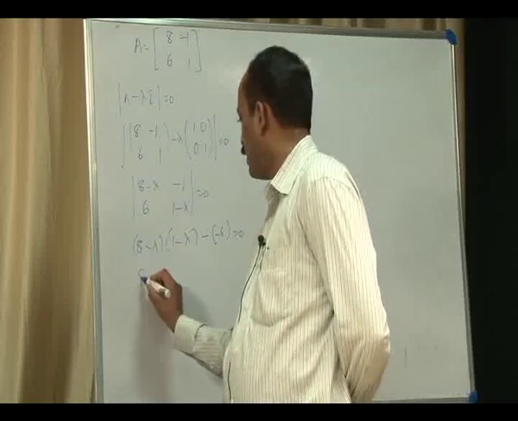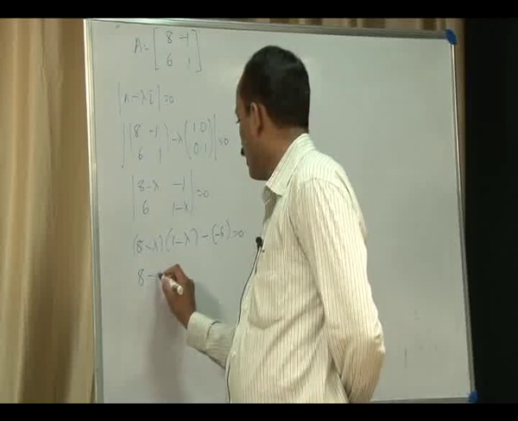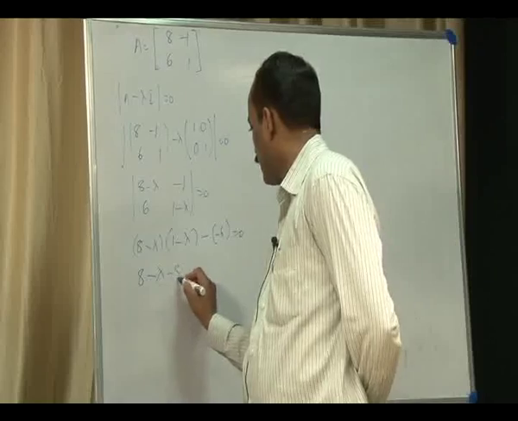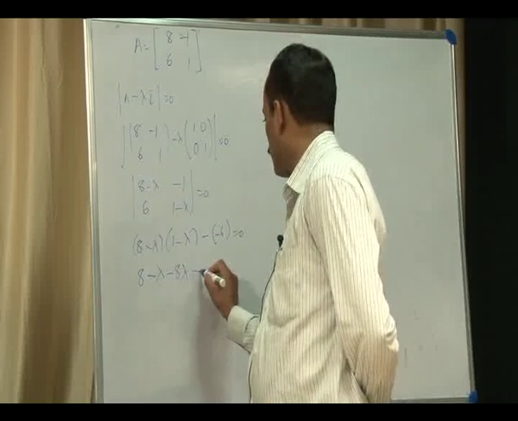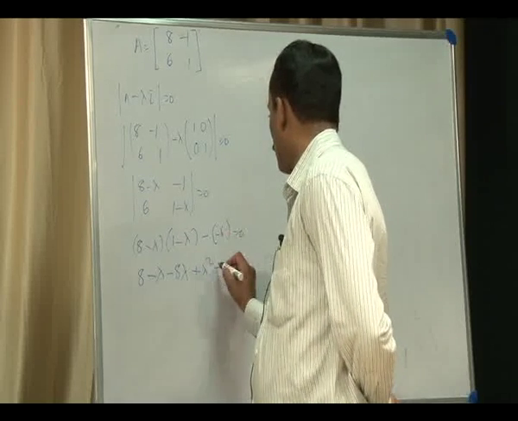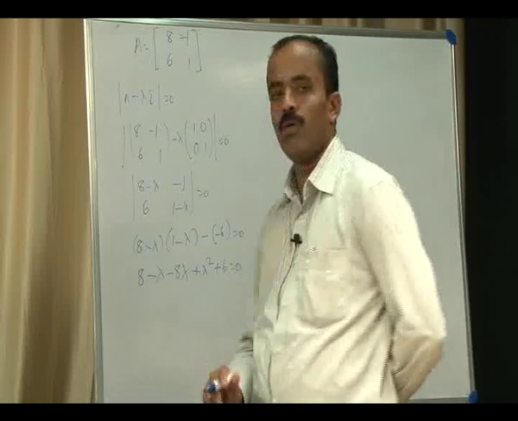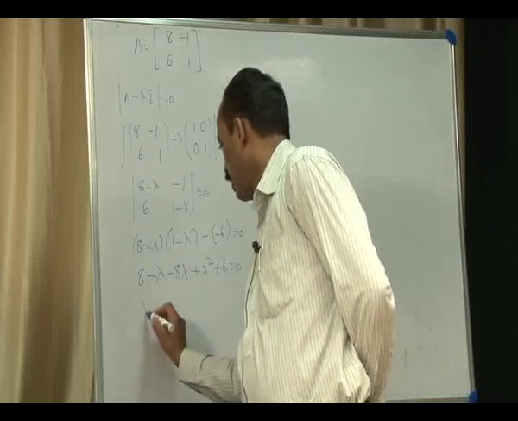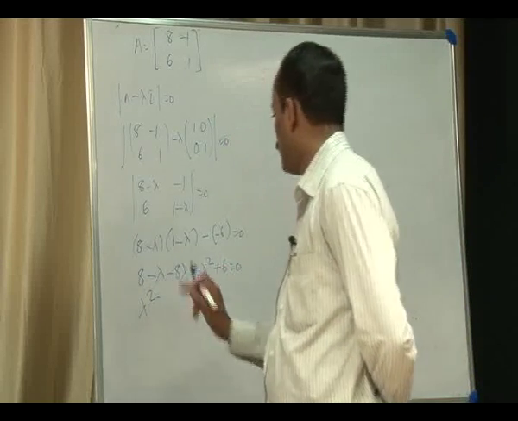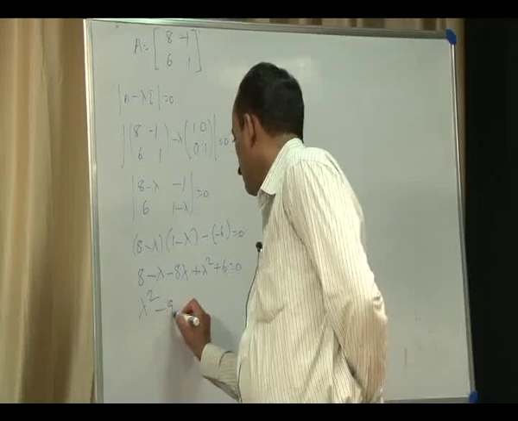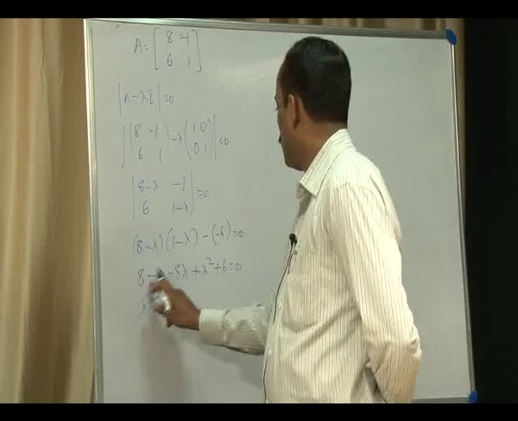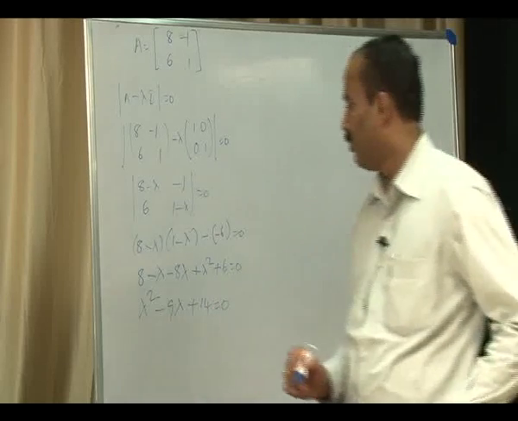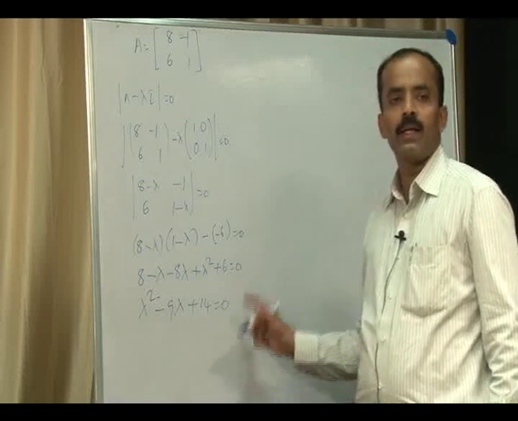Next, 1 into 8 is 8, minus 1 into lambda is minus lambda, minus lambda into 8 is minus 8 lambda, minus into minus is plus lambda square, minus of minus is plus 6, is equal to 0. Simplify: lambda square minus lambda minus 8 lambda is minus 9 lambda, 8 plus 6 is 14, is equal to 0. This is the characteristic equation.